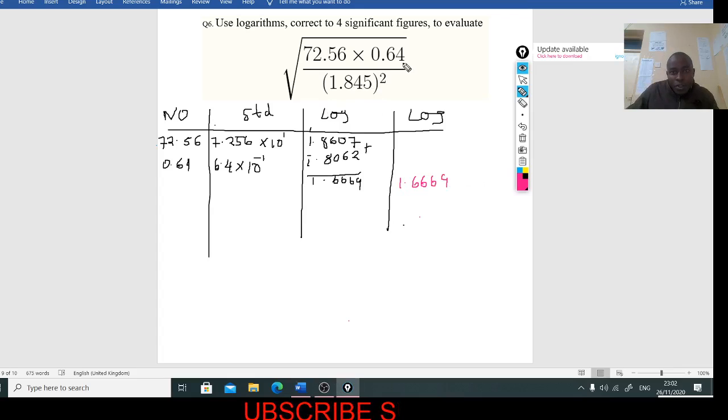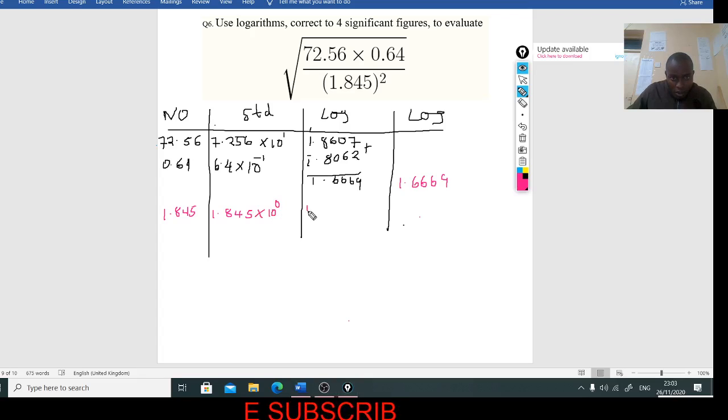Now I move and deal with the denominator. Denominator I deal with 1.845. Standard form remains as 1.845 times 10 power of 0, because you are moving nowhere, power of 0.